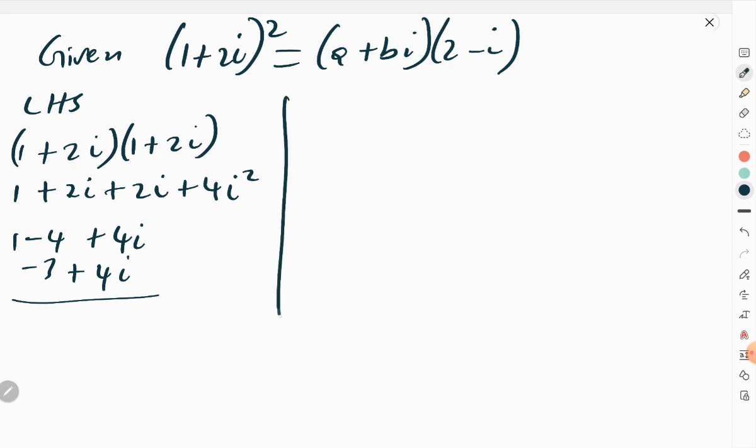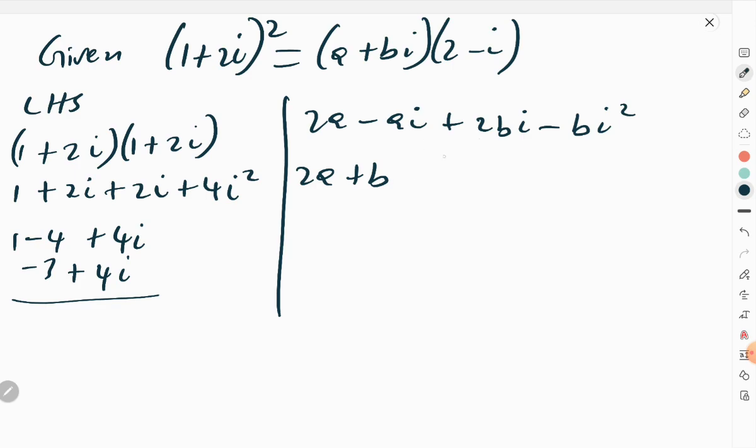So this is a standard form that we're looking for on the left hand side. On the right hand side, we are going to expand this. We are going to have 2a, then minus ai, then plus 2bi, then minus bi squared. Simplifying this, you know that this is going to be a real part, because i squared is equal to negative 1. Then you are going to have 2a plus b.